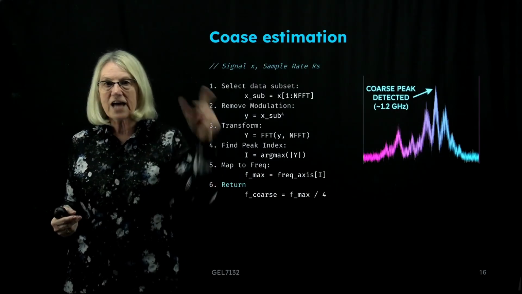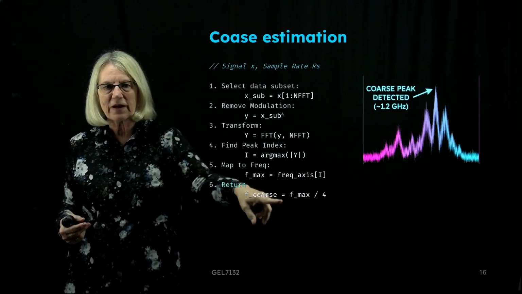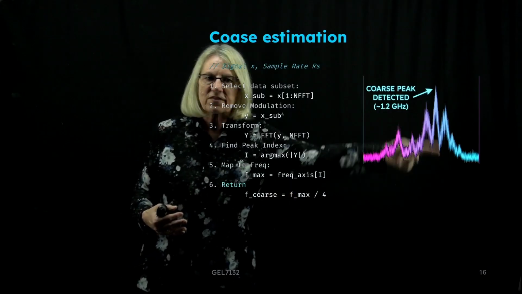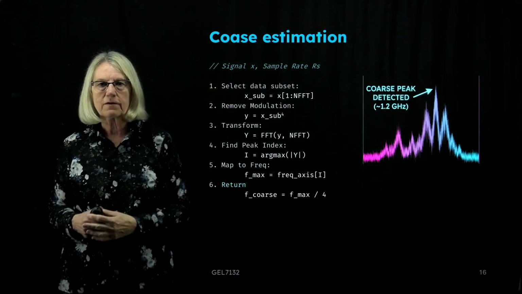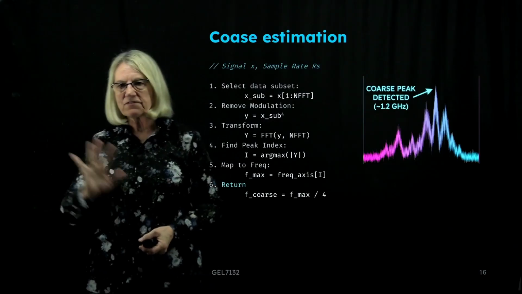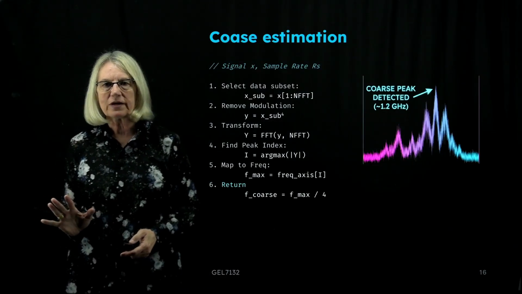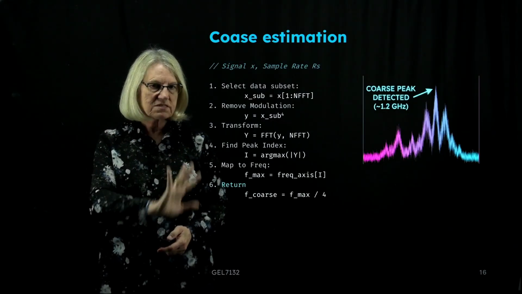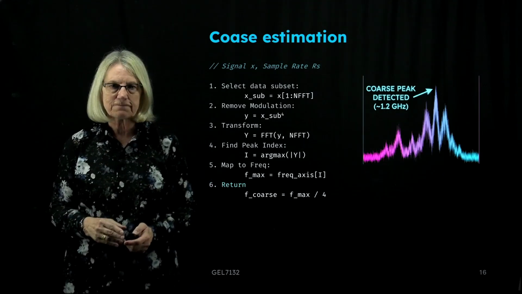Of course this is 4 times the one that I'm trying to estimate, so my coarse estimate would be where this maximum occurs divided by 4. But it's kind of smeared, there's a lot of noise, and the FFT is not necessarily the best way to do it, so this is a first coarse approximation.